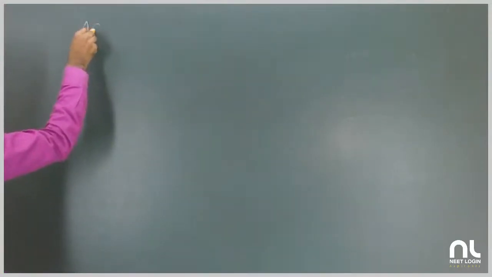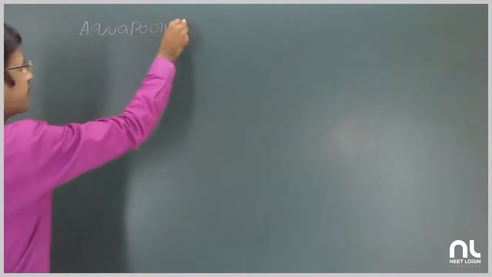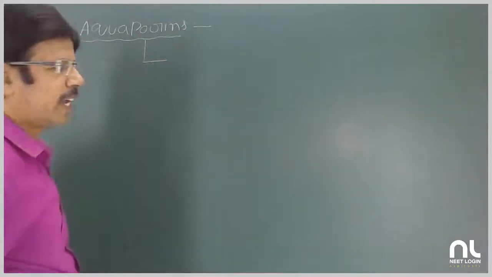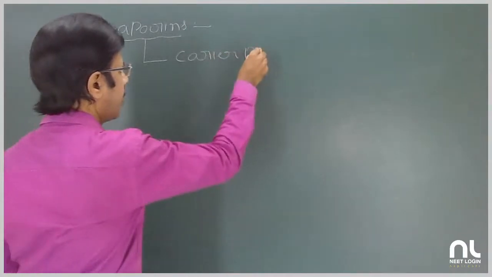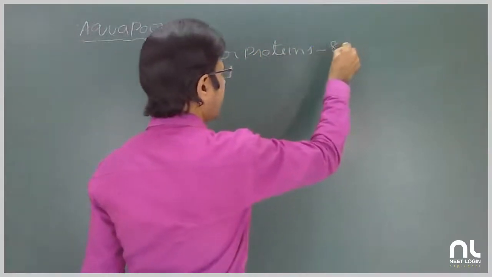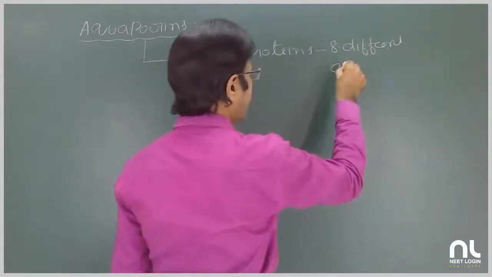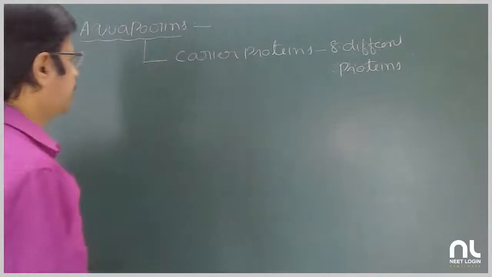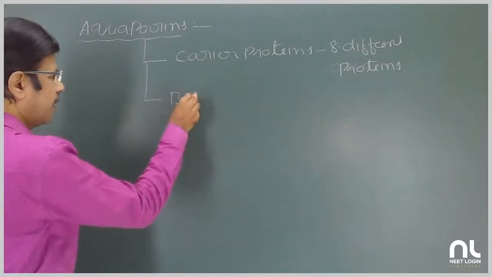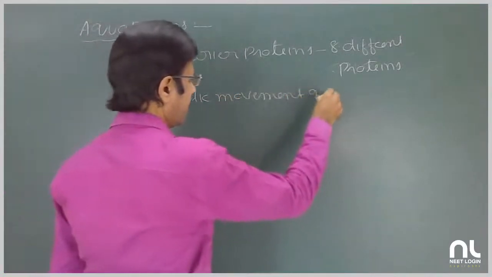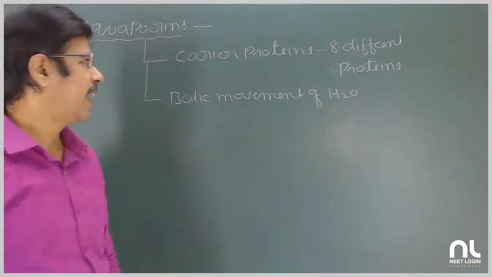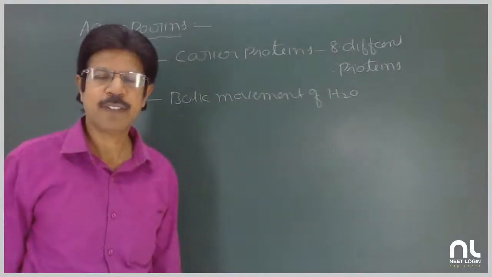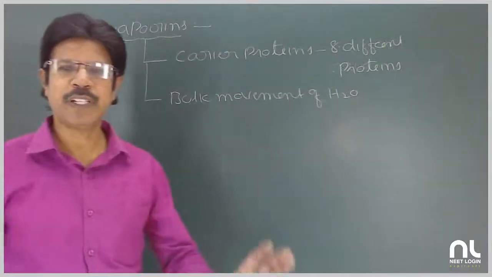And aquaporins. So aquaporins are carrier proteins, having eight different kinds of proteins. This aquaporin causes bulk movement of water.